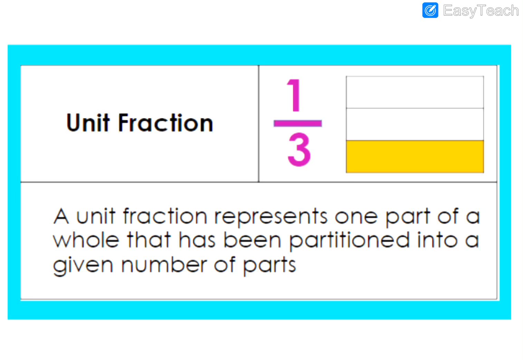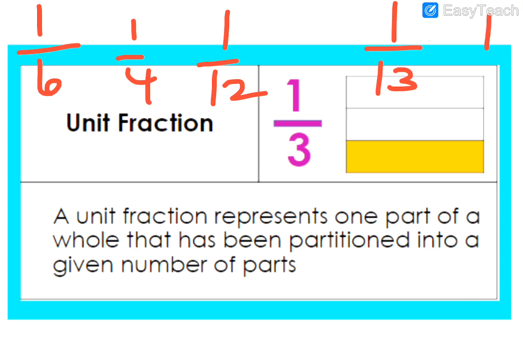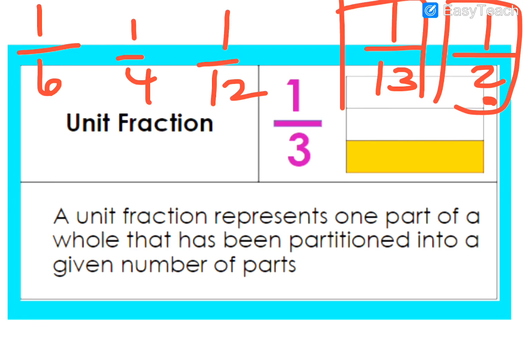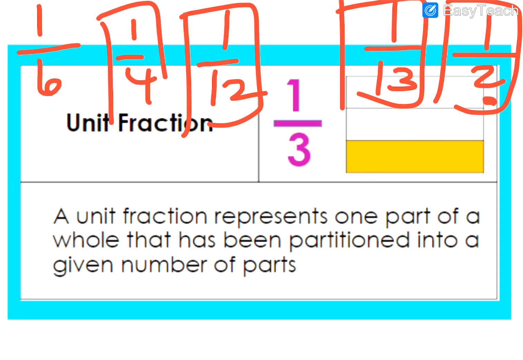So in every unit fraction, the numerator is always going to be 1. I could list a ton of these: 1/6, 1/4, 1/12, 1/13, 1 anything, right? These are your unit fractions. It's only 1 out of those equal parts. That's what a unit fraction looks like.